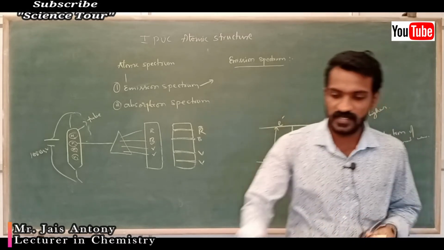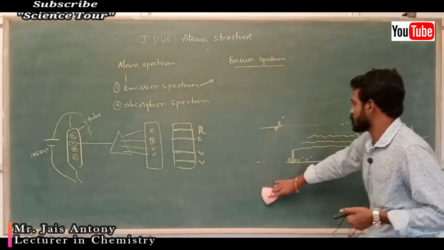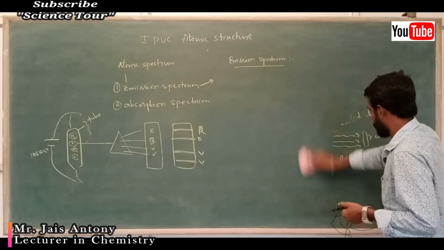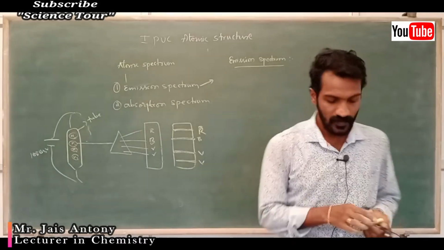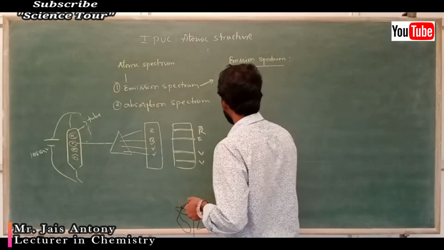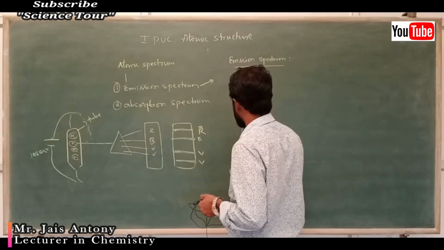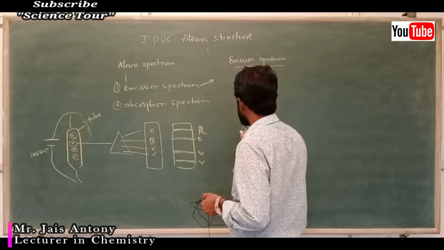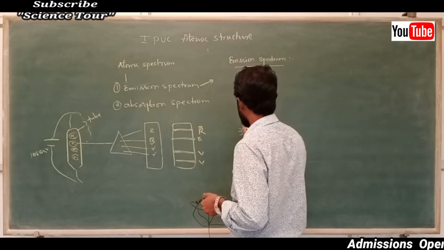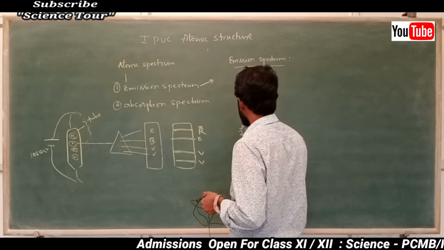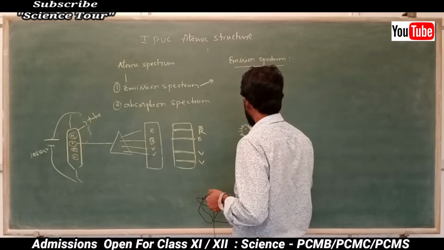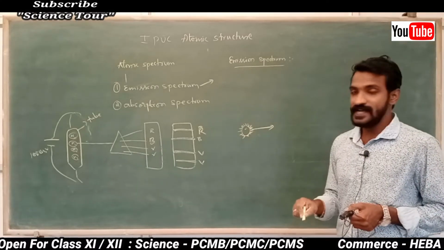Very important thing in this one: two discussions are important. I will explain. My dear students, first I explained about atomic spectrum. In that one I explained white light.